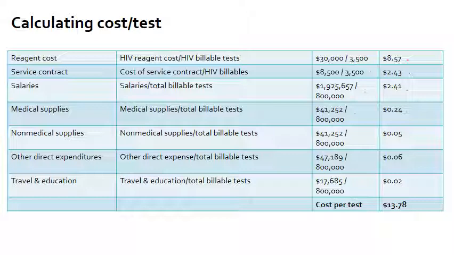Again, total billable tests, as well as travel and education. You divide that by your total billable tests, and what you end up with is 6 cents for other direct expenditures and 2 cents for travel and education. If you add those all up, the final cost per test is $13.78 per test. Again, look at these numbers, spend some time with them.